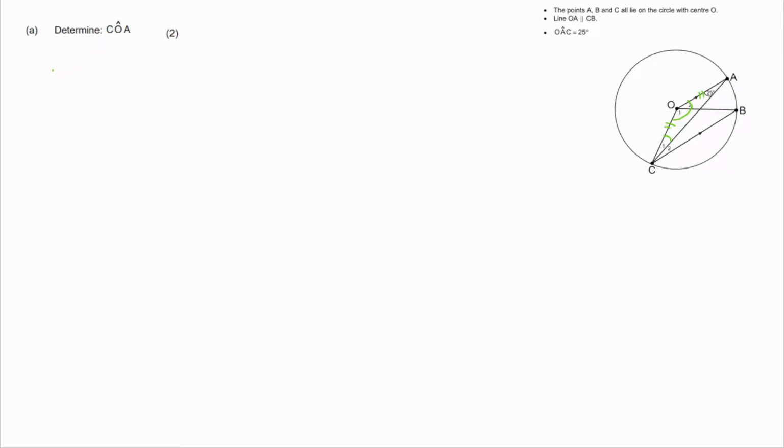Okay, so what we can say is that C1 is equal to 25 degrees. And the reason there's angles opposite equal sides. Essentially, the reason there is we have an isosceles triangle because these are equal.